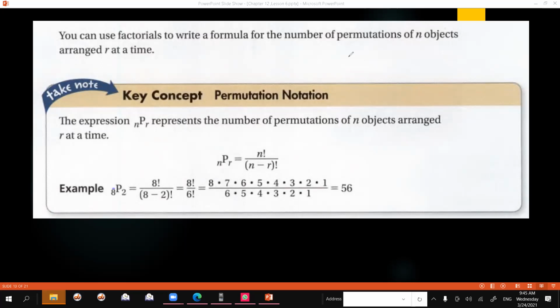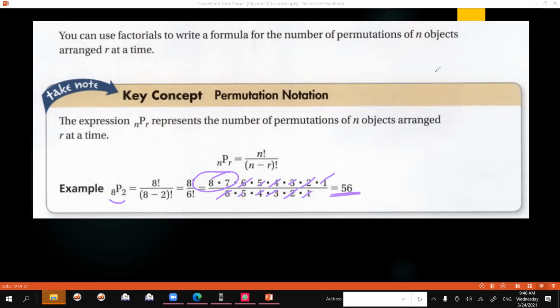So you have to say 8 factorial over 8 minus 2. 8 factorial means 8 times 7 times 6 times 5 times 4 times 3 times 2 times 1, and 6 factorial is 6 times 5 times 4 times 3 times 2 times 1. Then, by simplifying them, you get 8 times 7, which is 56.